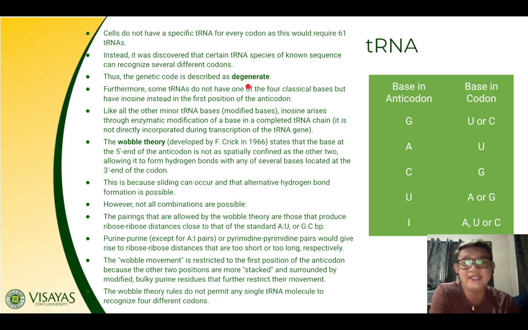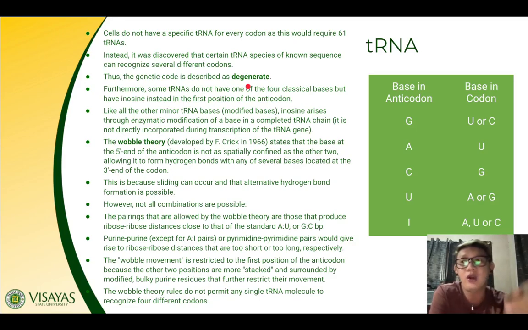The degeneracy of the genetic code means that one amino acid could be coded by several codons.